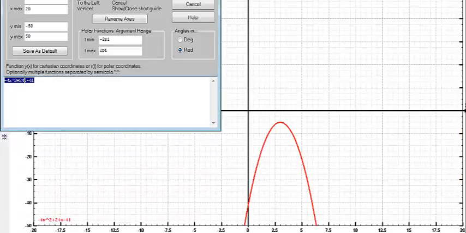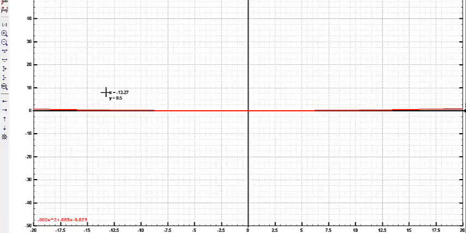So the function is 0.002, and I'm using x because I can't use s in this program, x squared plus 0.005 x minus 0.029, and we're probably going to have to change the value here.